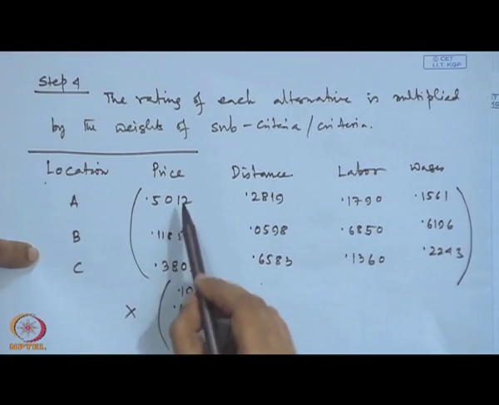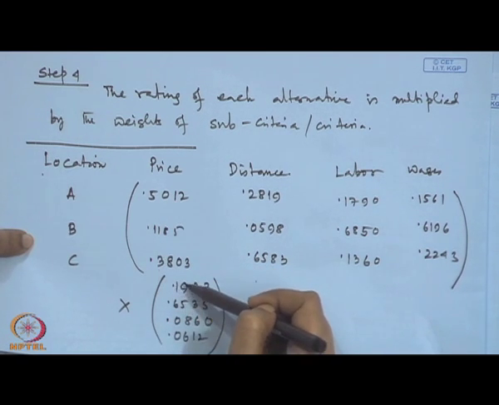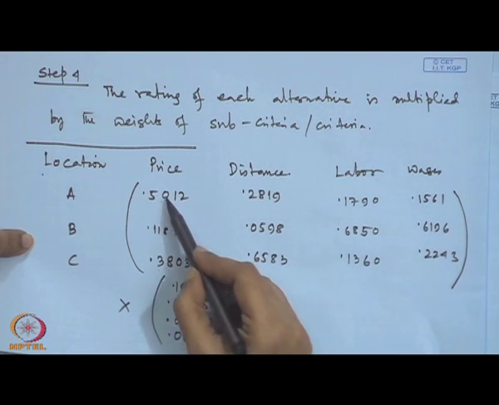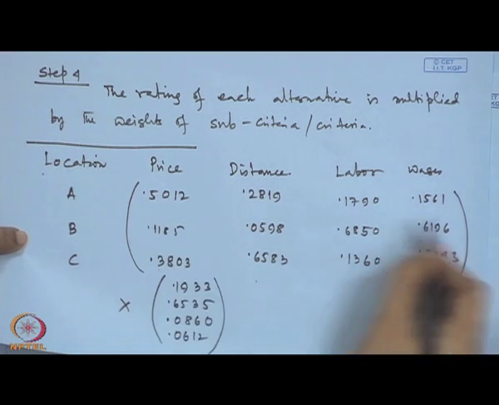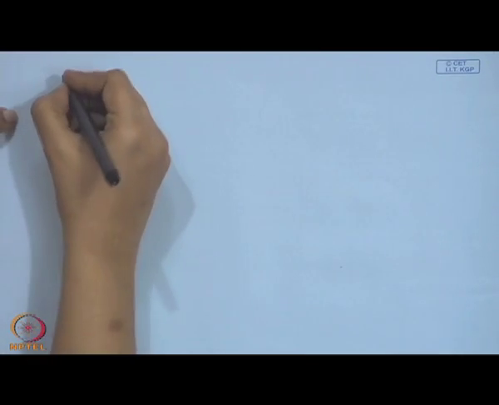That means we are multiplying the priorities of each criteria with the priority vector, that is, this row and this column. Thus, we get the values in this way.